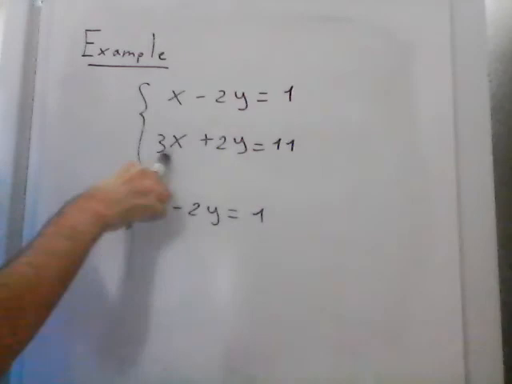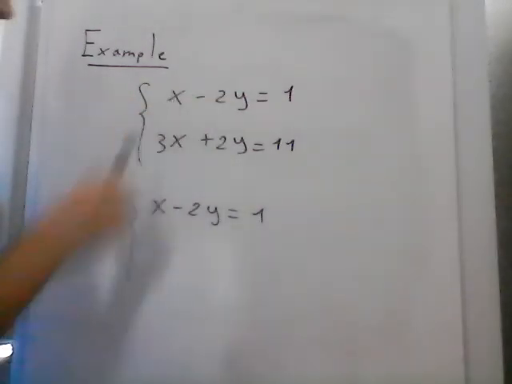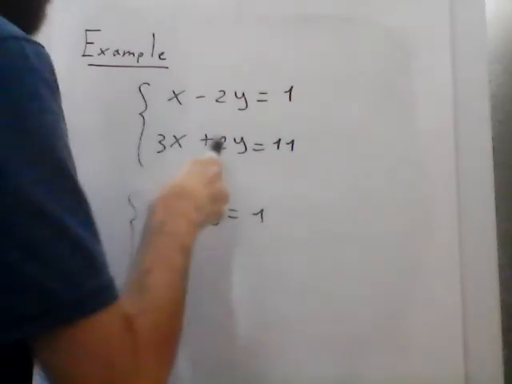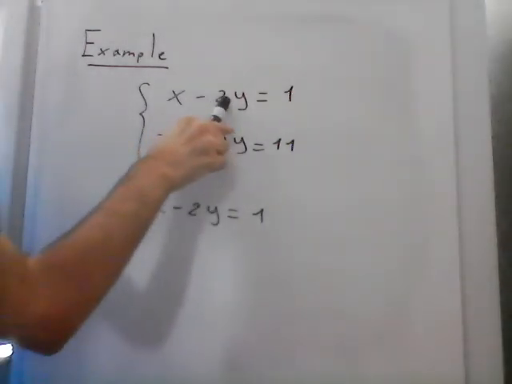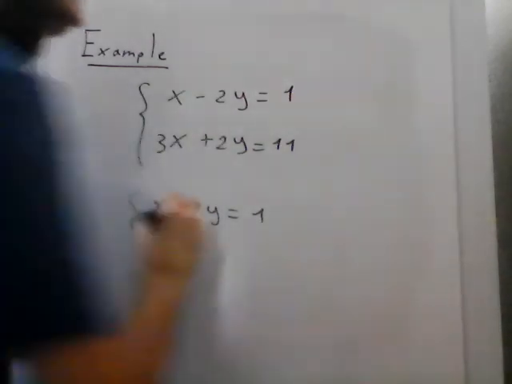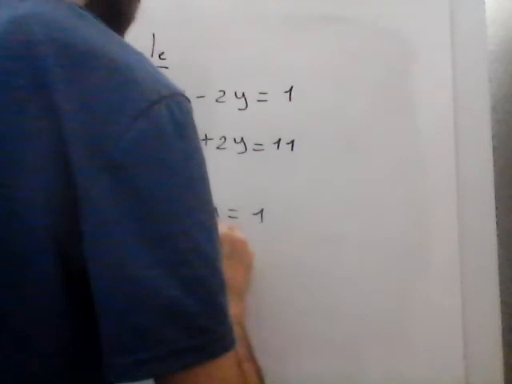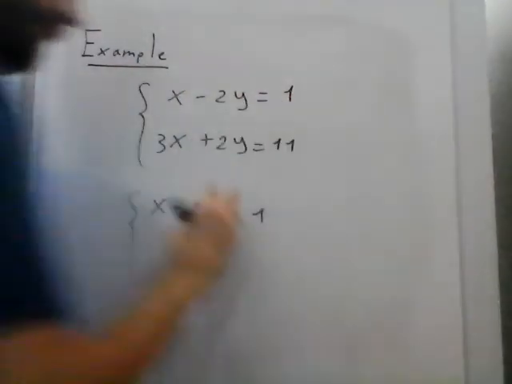And for the second one, we subtract the first one times 3. So 3x minus 3x gives us 0. And then we have 2y minus 3 times negative 2y, so plus 6y. So we get 8y is equal to 11 minus 3 times 1, so equal to 8.